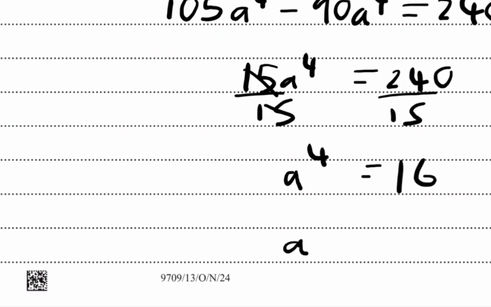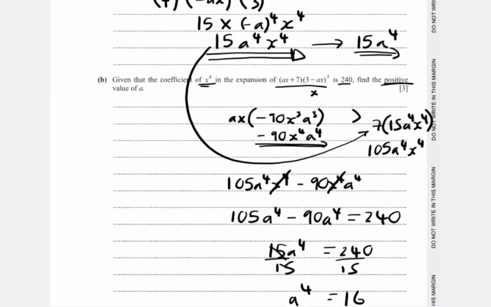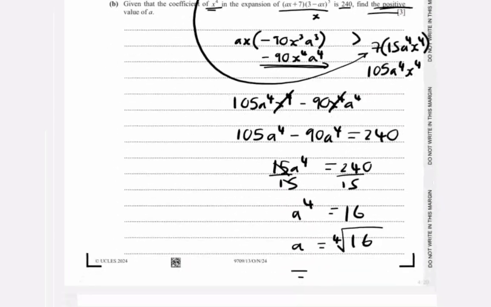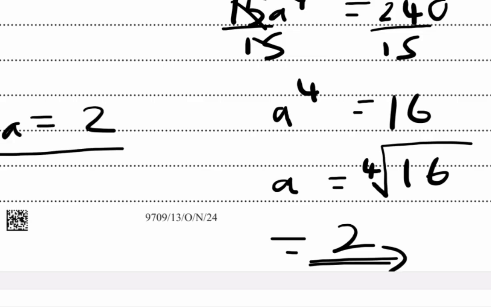And to get a, we're just going to take the fourth root of 16, and we're only considering the positive one. So the fourth root of 16, we know it's 2. So our a is equal to 2.